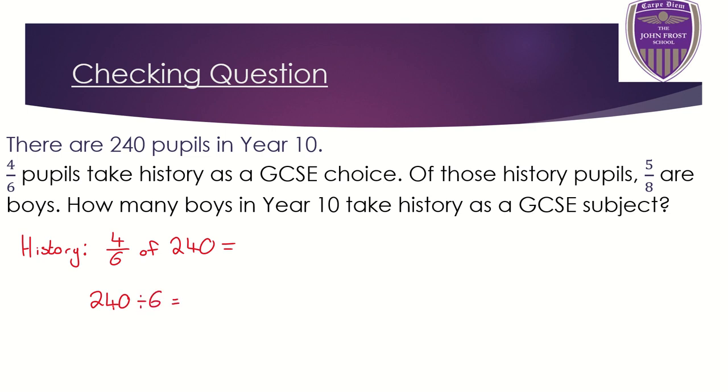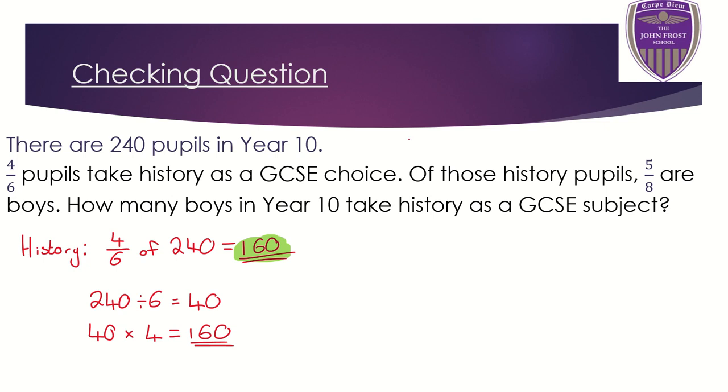Now, if 24 divided by 6 is 4, 240 divided by 6 is 40. We take that 40 and times it by 4. Now, if 4 times 4 is 16, 40 times 4 is 160. So that is our answer here. Highlight this number because we're going to need this for later.